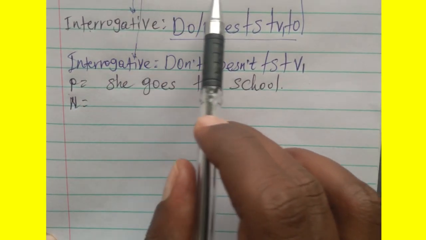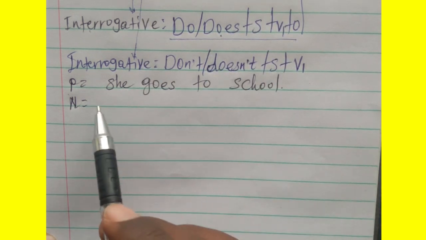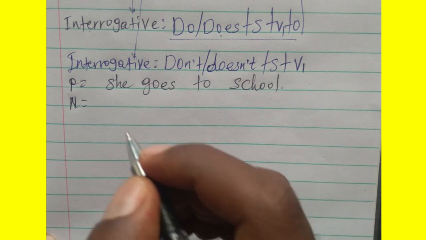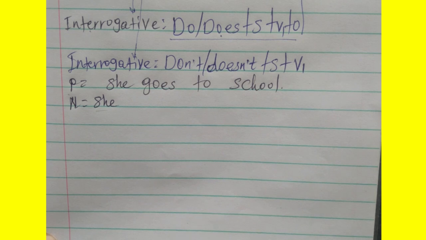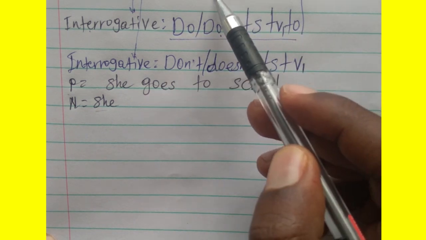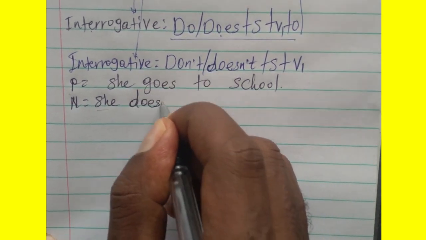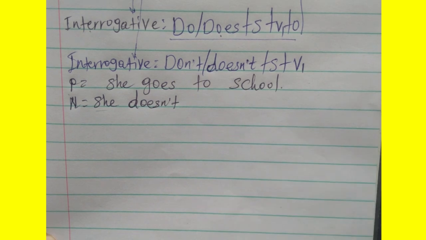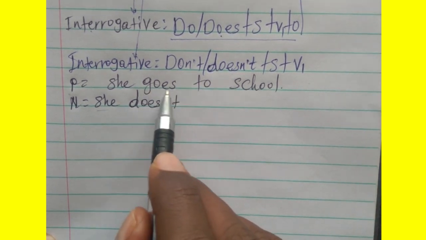Simply using this structure we can change this positive sentence into negative, like she. Here she is a third person singular pronoun, so it goes with the helping verb doesn't. So we say she doesn't, and then the verb 1 here is goes.